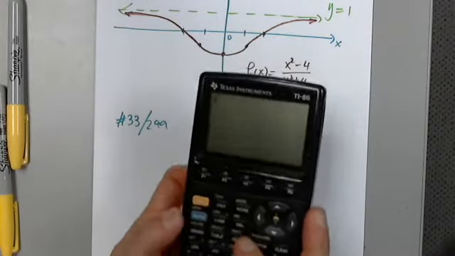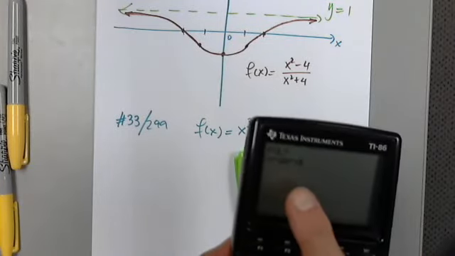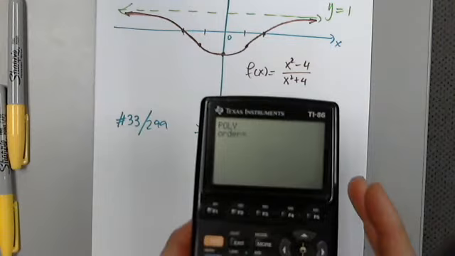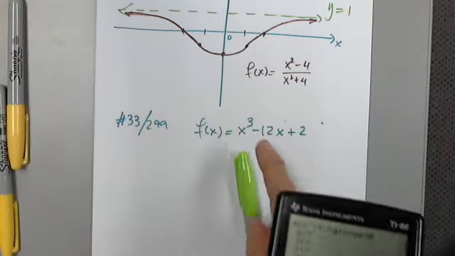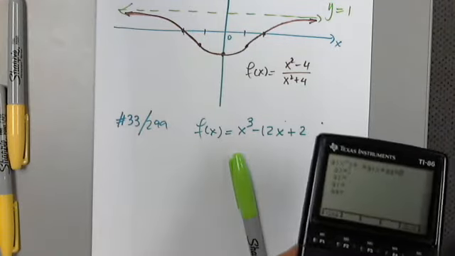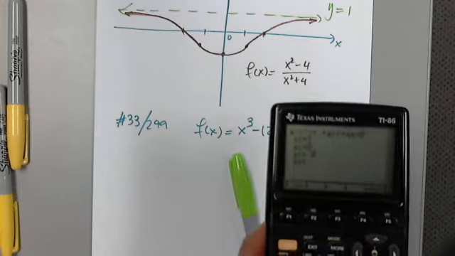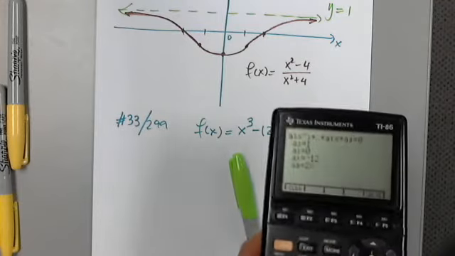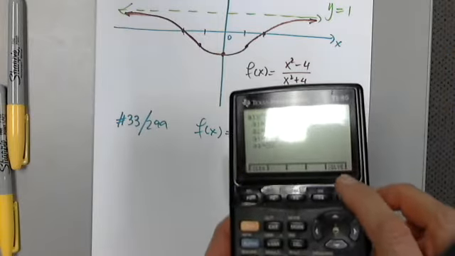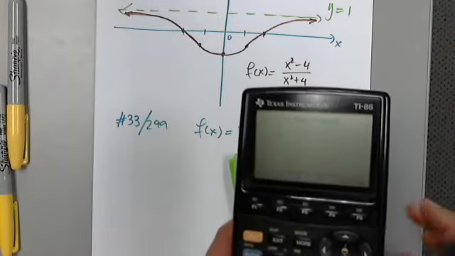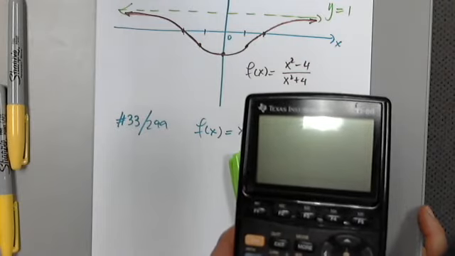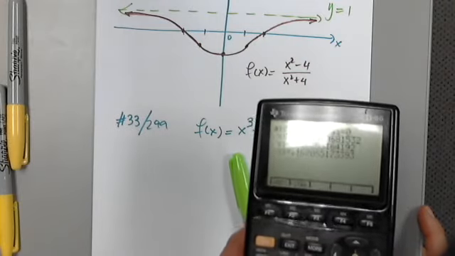And when I click on poly, it says order, which means degree. I put in degree 3. It's asking me to put the coefficients. The coefficients are 1, 0, -12, and 2. And all I have to do is click this button and say solve, and it gives me the solutions, real or not. There are 3 real solutions.